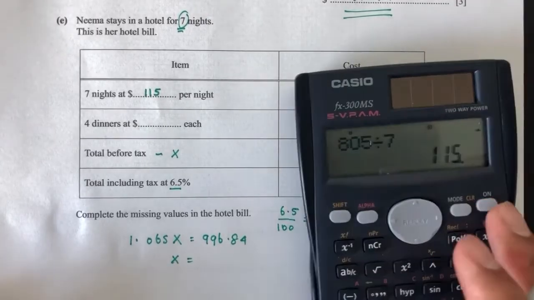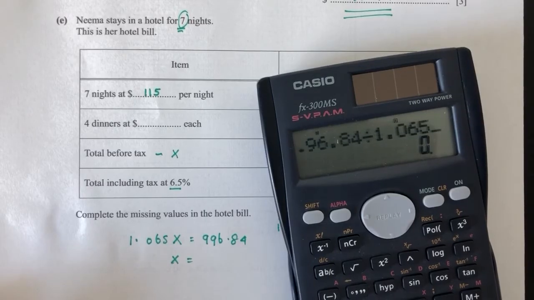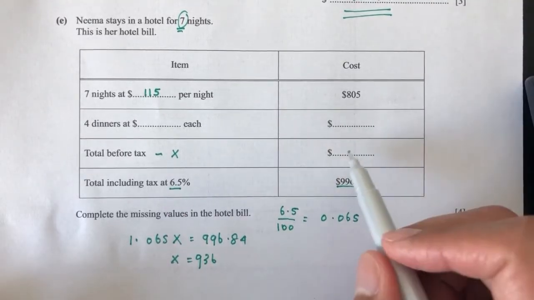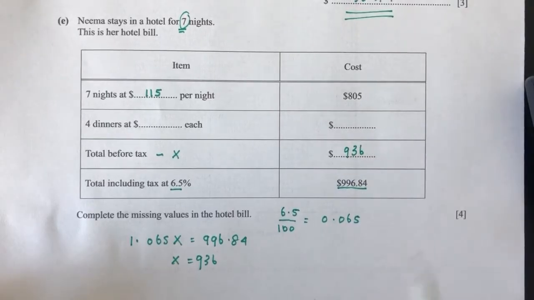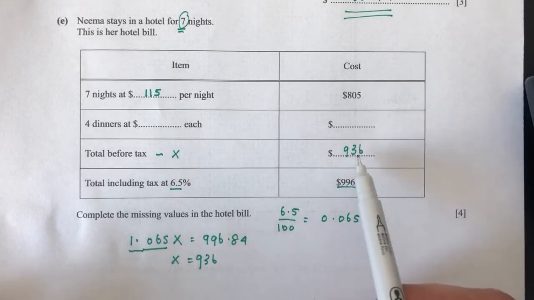We will do 996.84 divided by 1.065. That will be 936. So the value of x is 936. I hope you can understand where I got this, because this is very important to find this answer.